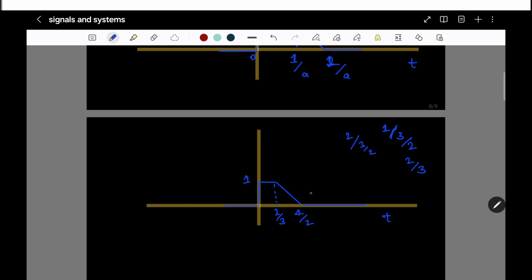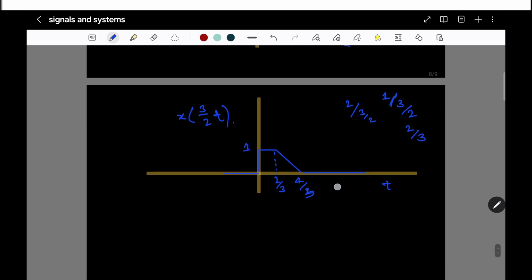So this is 1, so this is x of 3 by 2t. Okay, so this is 4 by 3.